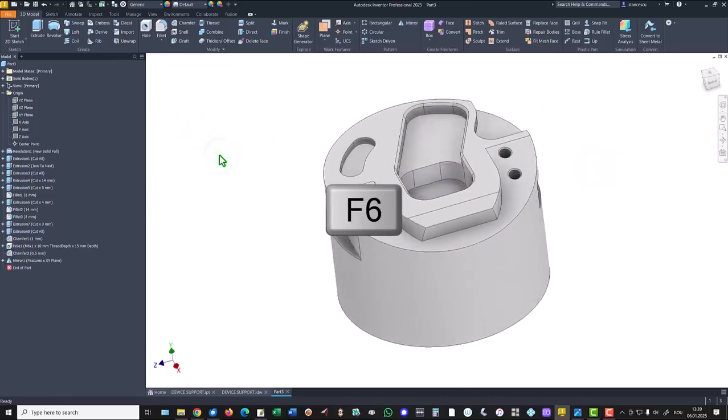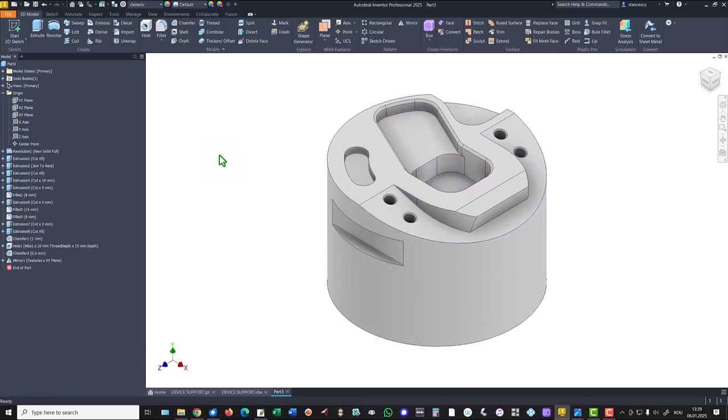Okay, that's all, my friends. I don't see anything missing here, so let's see what is the volume.